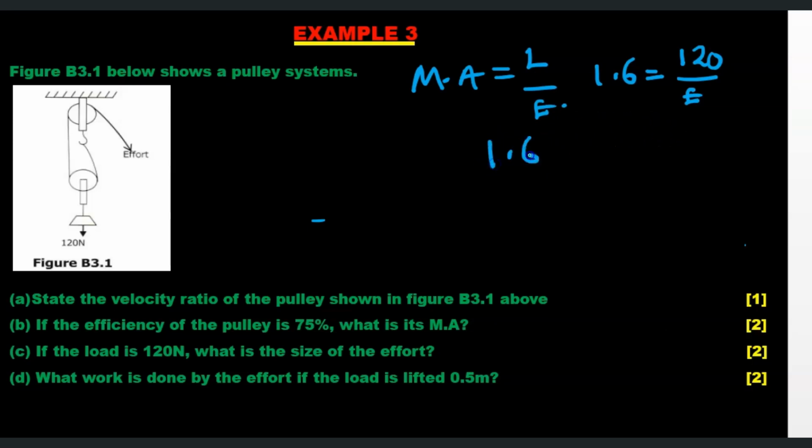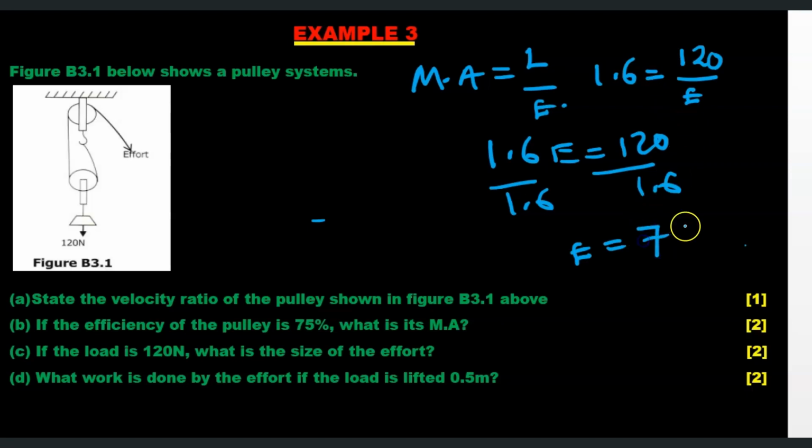So 1.6 is equal to 120 over effort. Dividing, our effort is 120 divided by 1.6. We are going to have it as 75. So our effort is 75 Newton. That is how we find it.